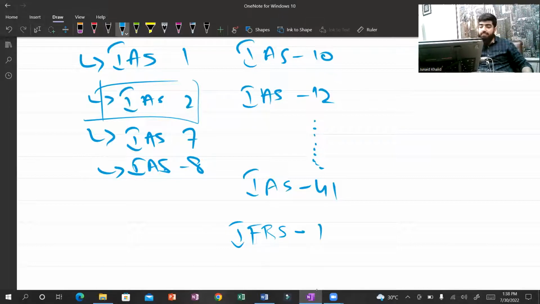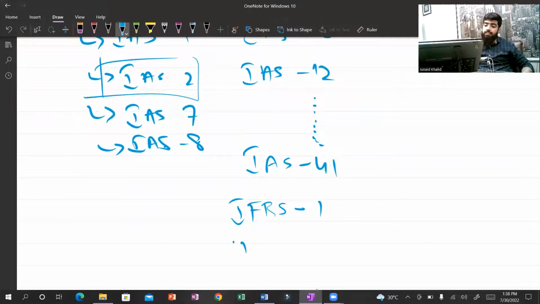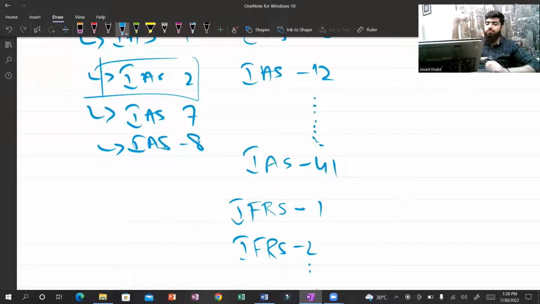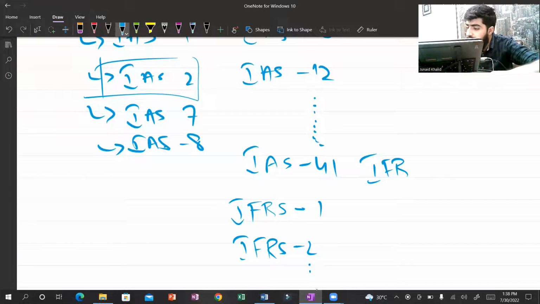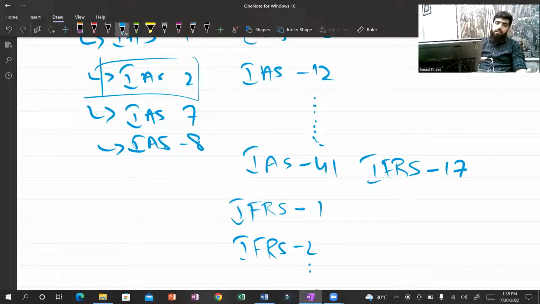The next standard was IFRS 1, and then it continued with IFRS 2, IFRS 3, 4, 5, 6. Every new standard now follows this sequencing, and it has reached IFRS 17. Any new standard launched will be recognized as IFRS 18, and so on.